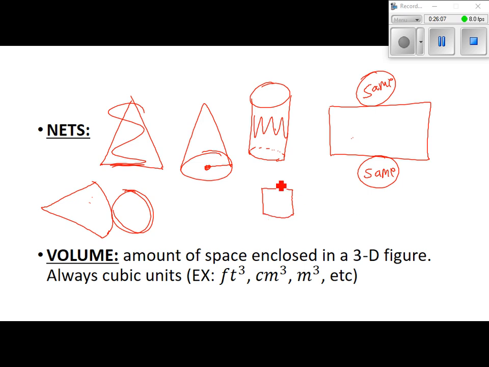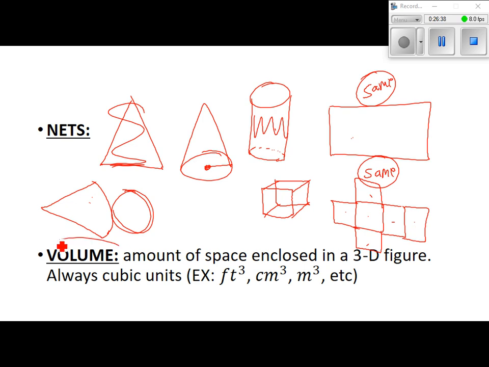Might look something like this. A cube is a rectangular prism, and all of them always have 6 faces. The net might look something like this. And if it's a cube, all 6 of those faces are exactly the same.